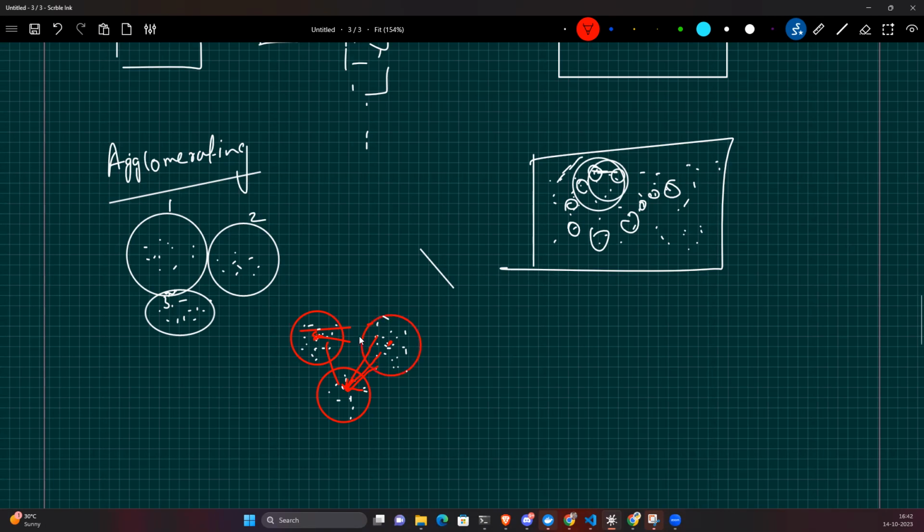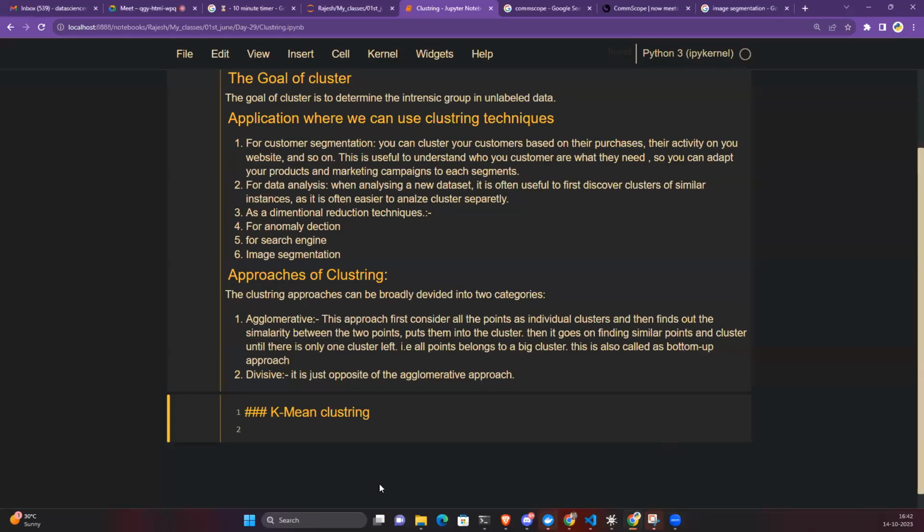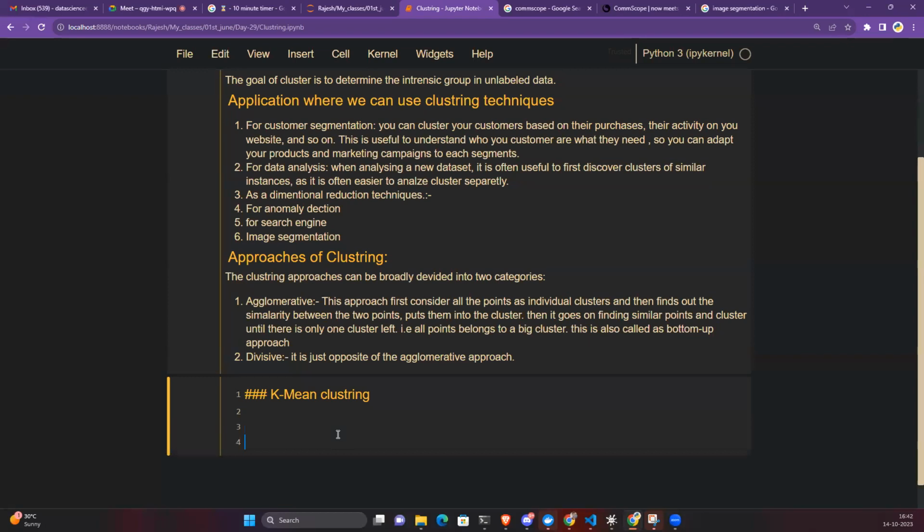Similarly, with respect to this centroid, we create one cluster, and likewise we go ahead and create the clusters. This concept is called k-mean clustering. Now let's talk about how k-mean clustering works.